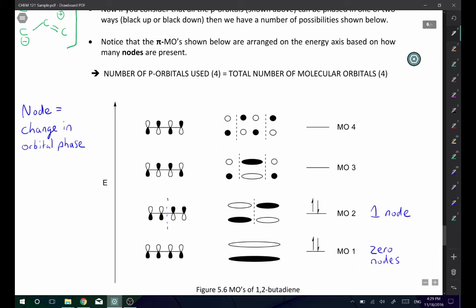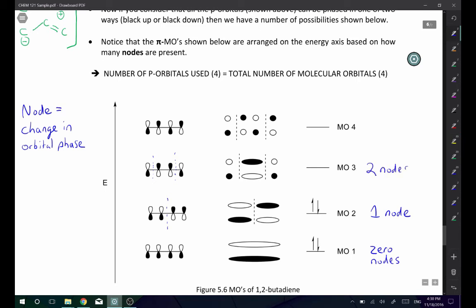What about the second example? Now you need to think, how can I create 2 nodes? You can have a phase change here and a phase change there. And that's the only combination that's going to give you 2 nodes.